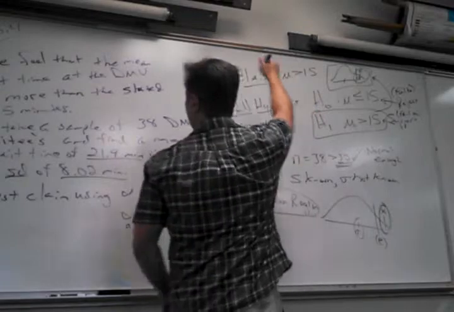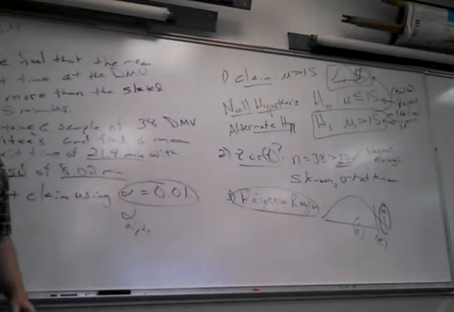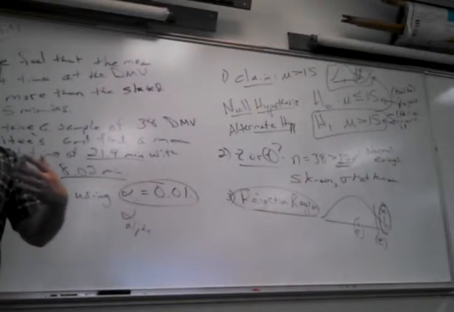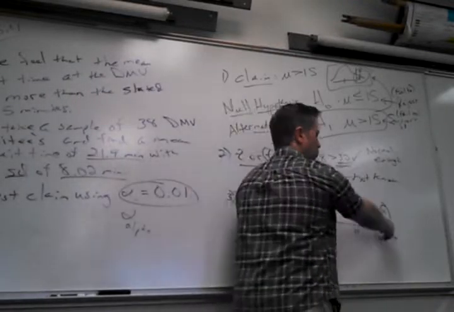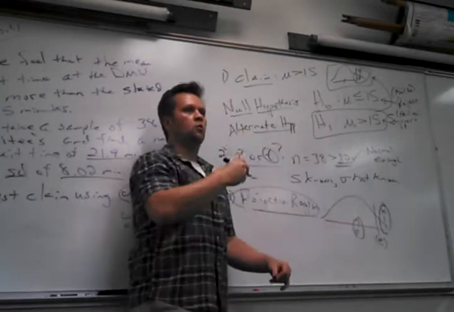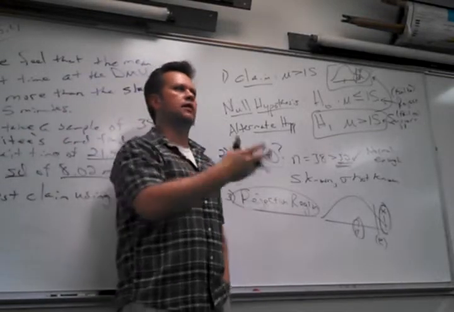How small? Well, eventually it's going to be this small: there's a 1% chance that it just happened randomly. So what's more likely? That it just happened randomly, 1%, or that 15 really is not in the right place? It's not in the right place. There's only a 1% chance that was going to happen.